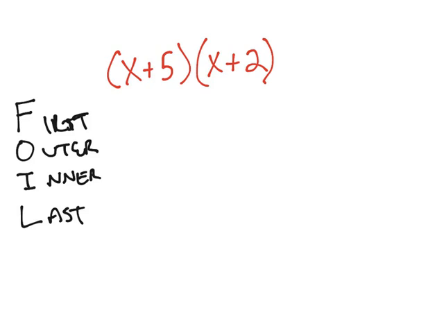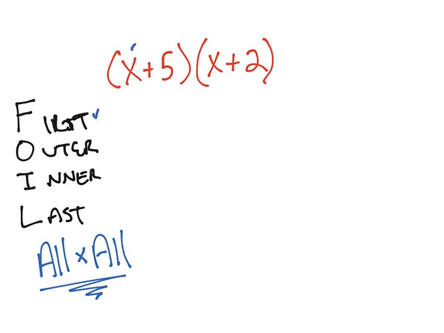Our goal is to multiply all times all. Everything in our sets of parentheses should be multiplied together. First simply refers to multiplying the first things in each set of parentheses. Outer refers to the outermost values in the parentheses. Inner refers to the inside set of parentheses. And last refers to the last values in the parentheses.